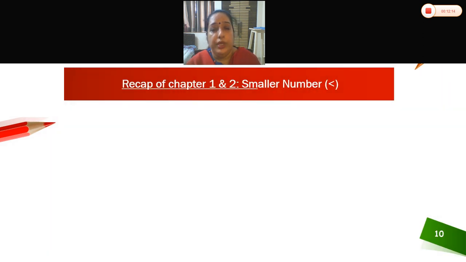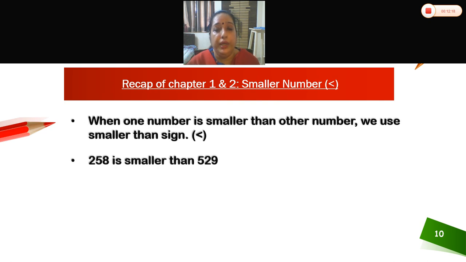Now next topic is smaller number, smaller sign. Can you see the smaller sign there in the bracket? Yes. What is the smaller sign? When one number is smaller than the other number, we use the smaller than sign.